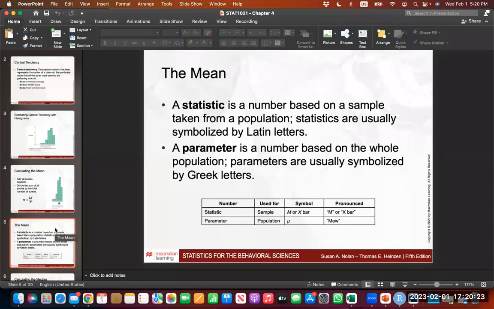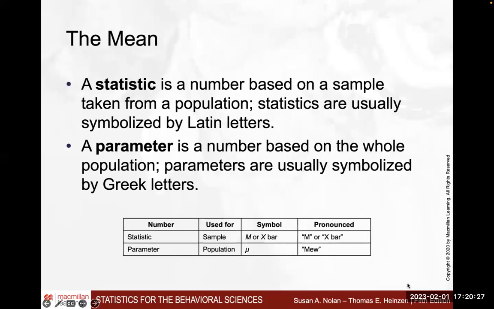So now what is to be kept in mind, you remember the distinction between a population and a sample. A sample is a subset of a population. When you quantify a mean from a sample, you're quantifying a statistic. Statistics are shown in normal Latin letters, so you have M or X bar.